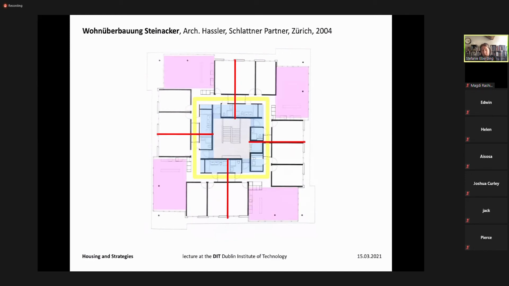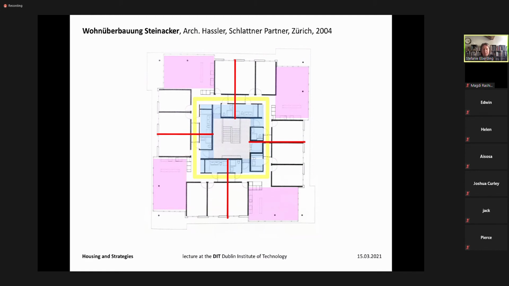What's really nice at this apartment complex, that the living spaces, which I marked in pink, they have orientation from two directions. So you have in every living room this kind of two sides view and two sides possibility of getting the sun.